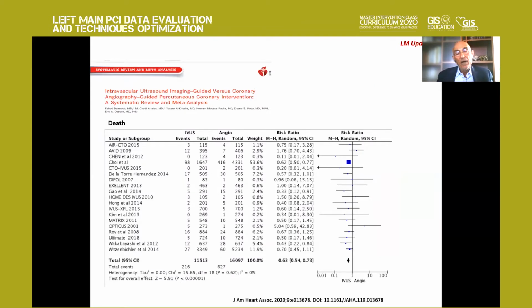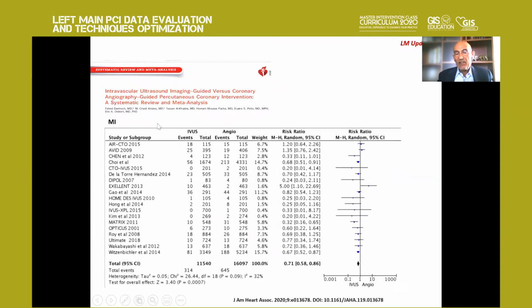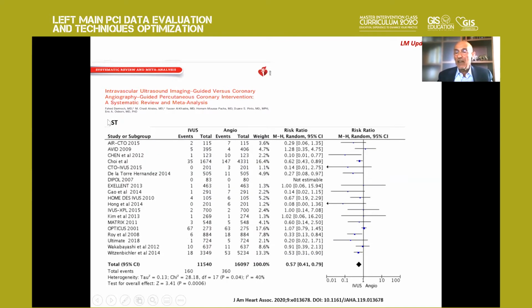This will help much in optimization of the procedure. We already have many data, but again, I'll show you this recent meta-analysis showing that IVUS guidance, as compared with angio-only guidance, does much better in terms of reduction of death, reduction of myocardial infarction, reduction of stent thrombosis.